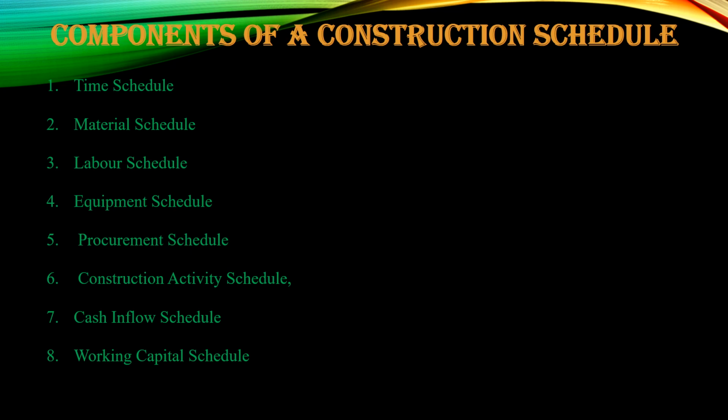So the different types of a construction schedule include time schedule, material schedule, labor schedule, equipment schedule, procurement schedule, construction activity schedule, cash inflow schedule, working capital schedule, and contractor schedule.